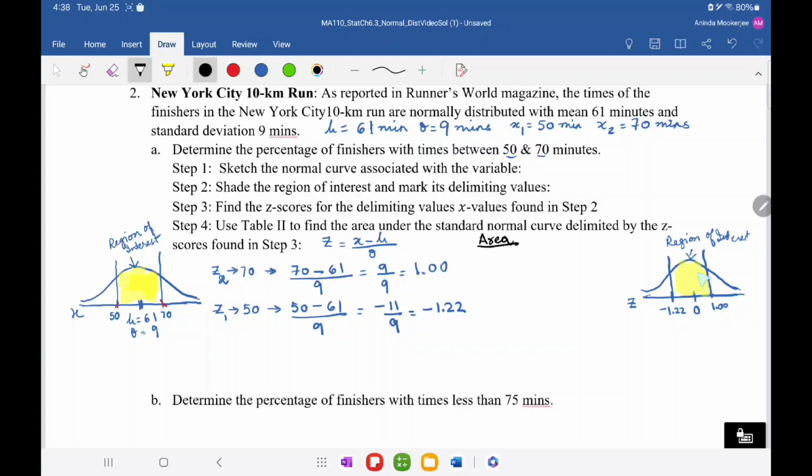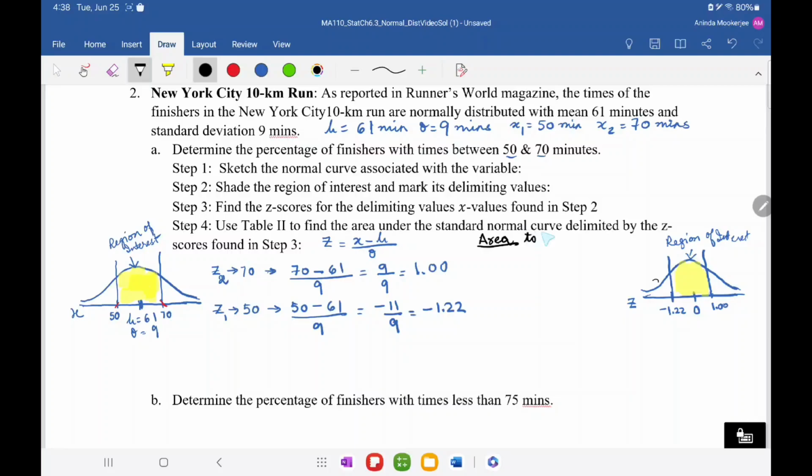We have to find all this area. And then we have to find the area corresponding to negative 1.22. So the area to the left of negative 1.22. And then finally, we have to subtract this area from this entire area. All right, so let's go to our table and find the area.